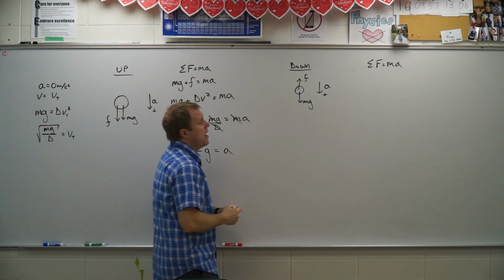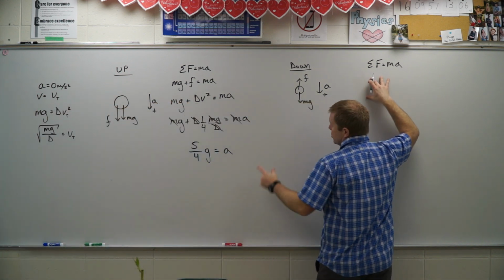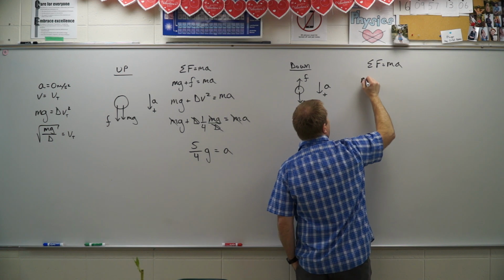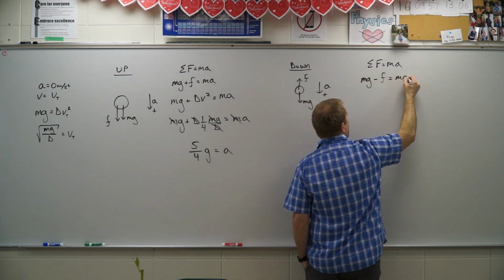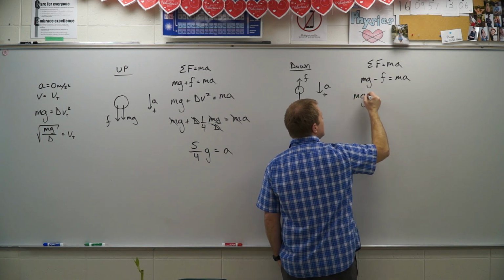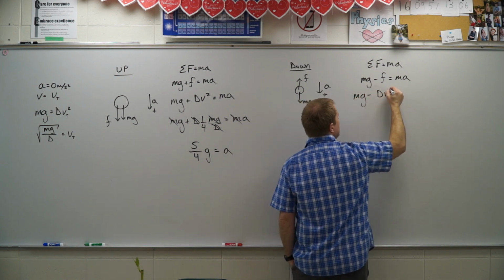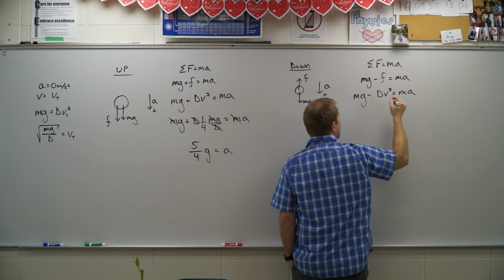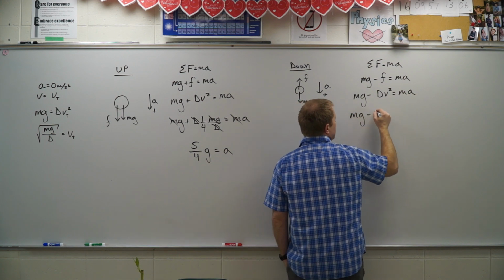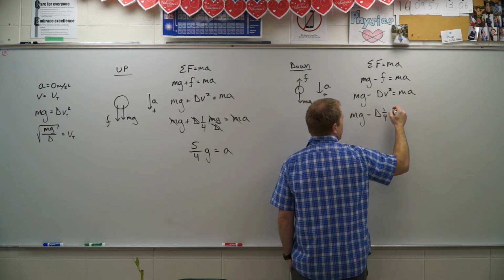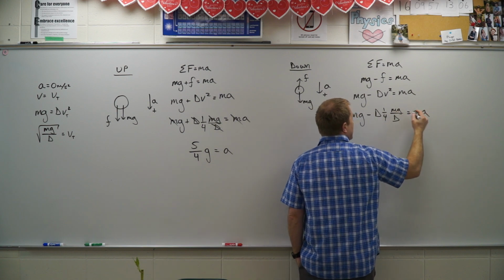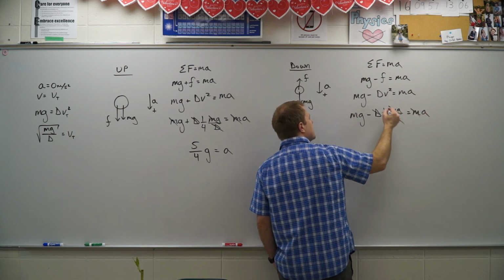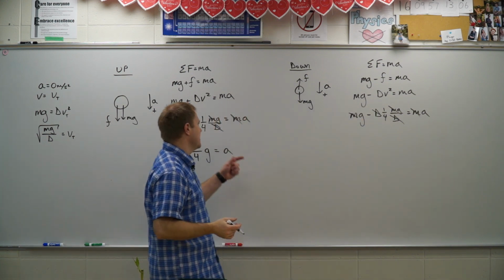Okay, now doing that same kind of strategy but over here, so now I have mg minus that air resistance equals ma, making those same substitutions, so dv squared equals ma, mg minus d times 1/4 of mg over d equals ma, and I see the d's cancel, the m's cancel, so everything's playing out exactly the same.